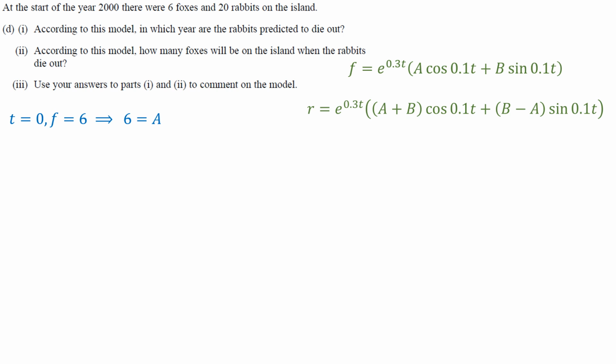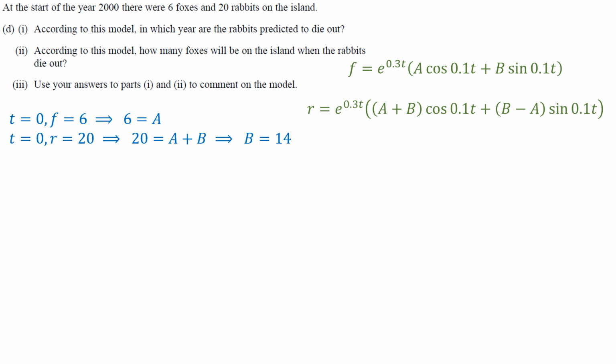And actually, if you substitute that into the first of my 2 green equations, we get 6 on the left-hand side and a on the right-hand side. Remember, e to the power of 0 is just 1, sine of 0 is 0, cos of 0 is 1. So very often the trigonometry and the exponentials will play in our favor in these situations. We get some nice quick results.